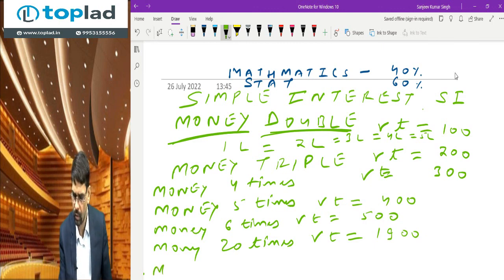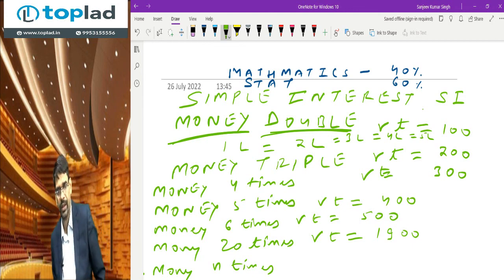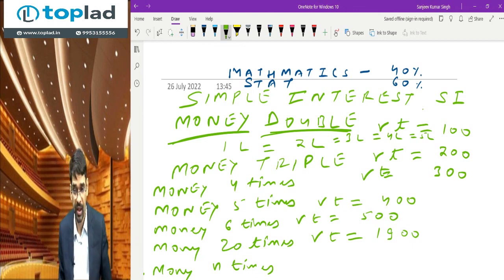So money infinite times, like money 10 times, multiply 10 times.